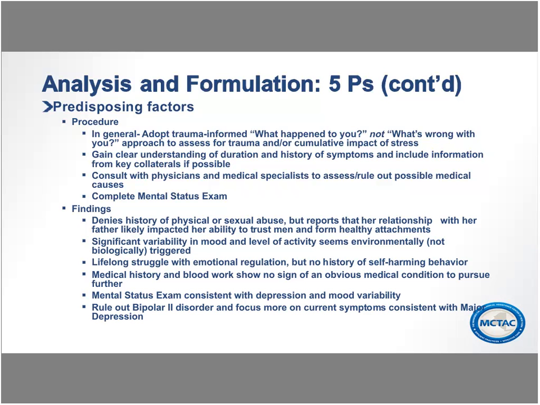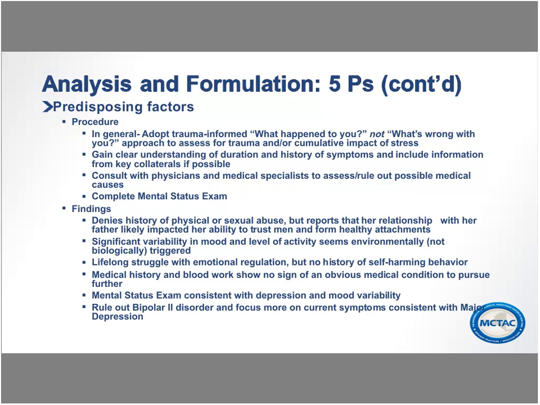Now again, moving forward and leaning into our findings here. So let's say Manuela denies a history of physical or sexual abuse, but reports that her relationship with her father likely impacted her ability to trust men and form healthy relationships. So out of the assessment conversation comes her own insight into attachments and her relationships with male figures. We also note significant variability in her mood, and that the level of activity seems environmentally versus biologically triggered.